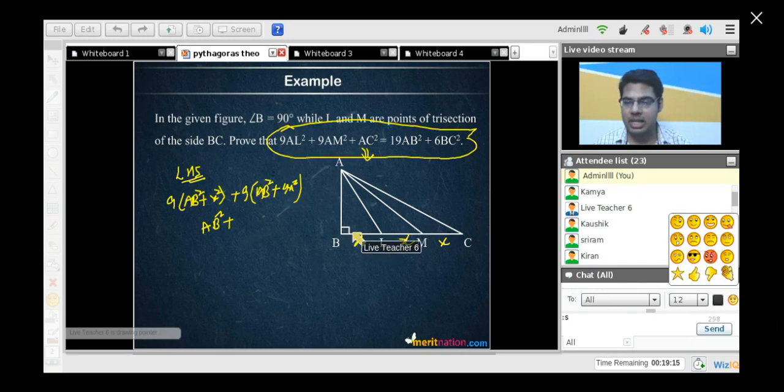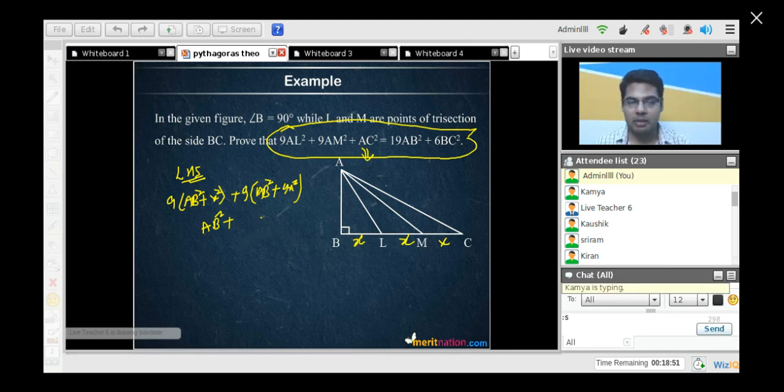All these are nothing but right angle triangles, because the right angle is at angle B. So if you look up at the triangle ACB, AC square equals AB square plus BC square. What is BC? BC is X plus X plus X, because this is the point of trisection, right? So try to understand. So 3X whole square is equal to 9X square. Fine? Anyone having any doubt in this?